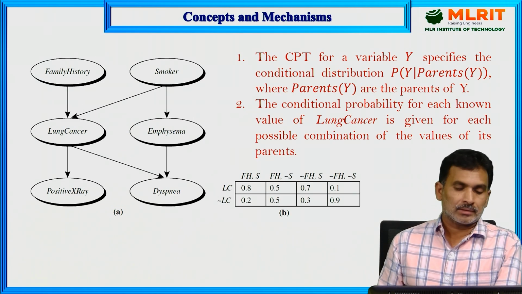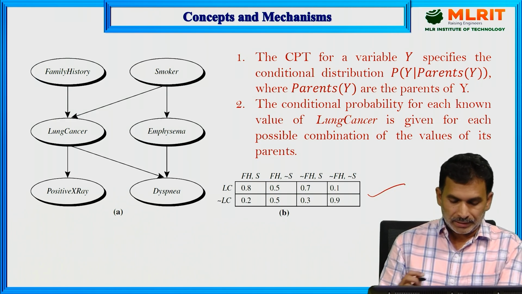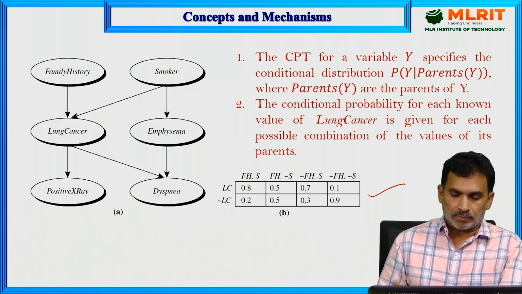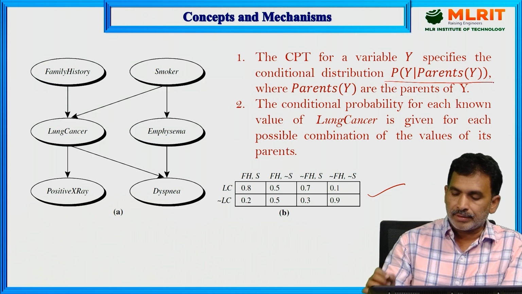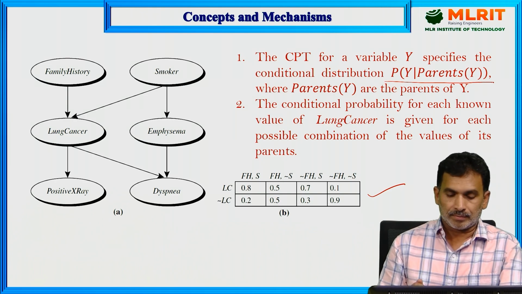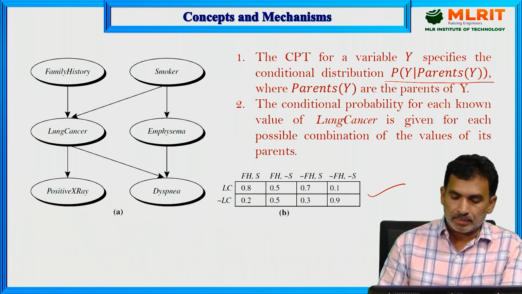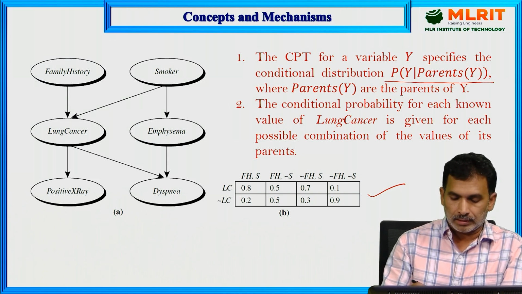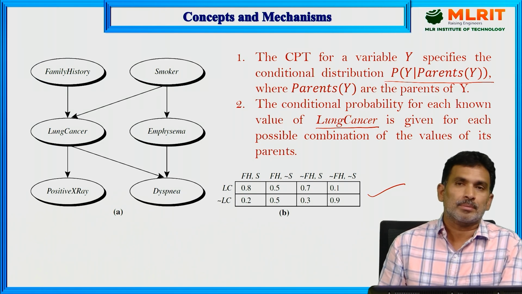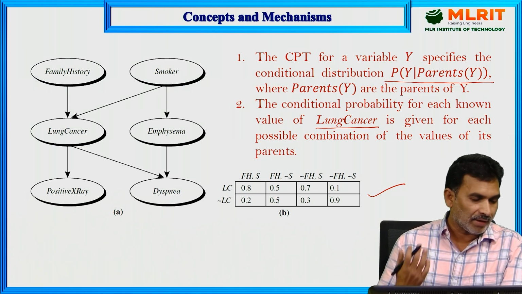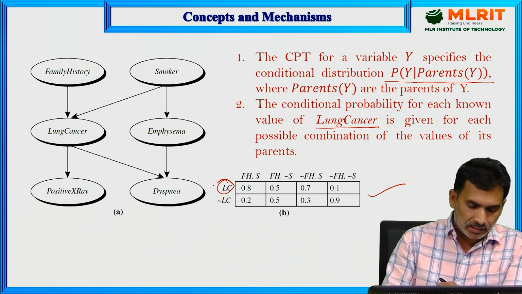And coming to the conditional probability tables, here is the conditional probability table for lung cancer. For a variable y, it specifies the conditional distribution, that is, the probability of y given the parents of y. Here the conditional probability for each known value of lung cancer is given for each possible combination of the values of its parents, like family history, yes or no. Here negation represents not having lung cancer.